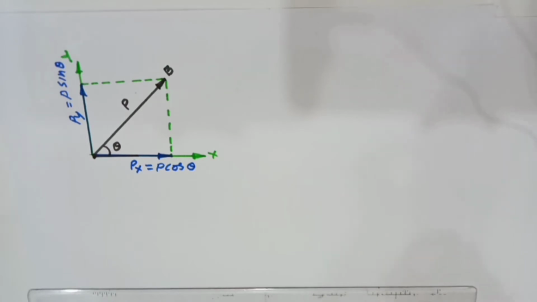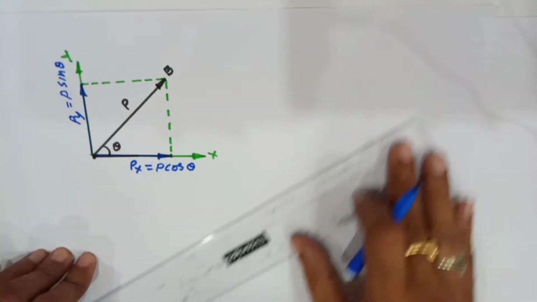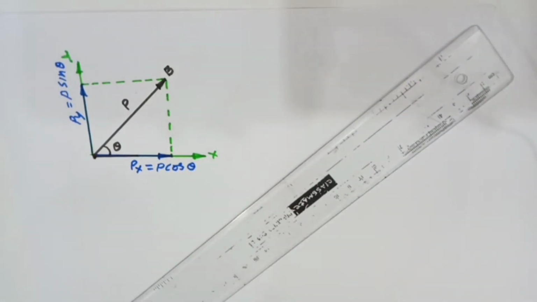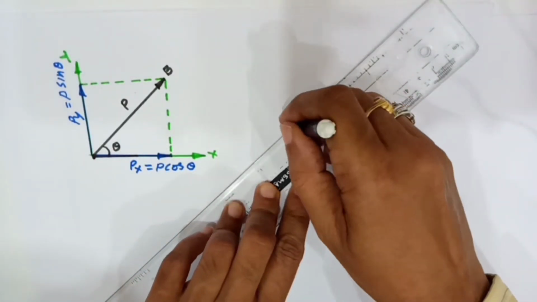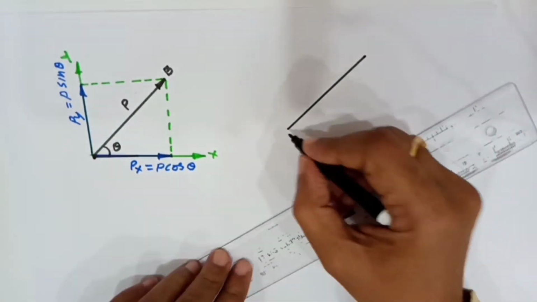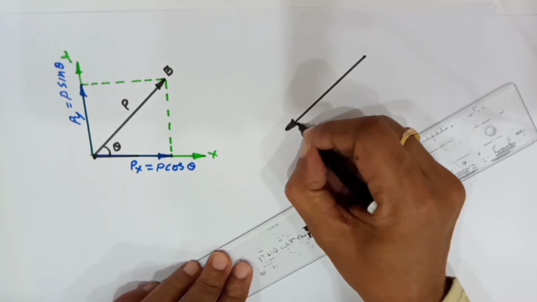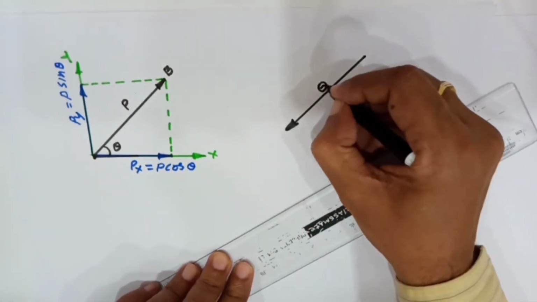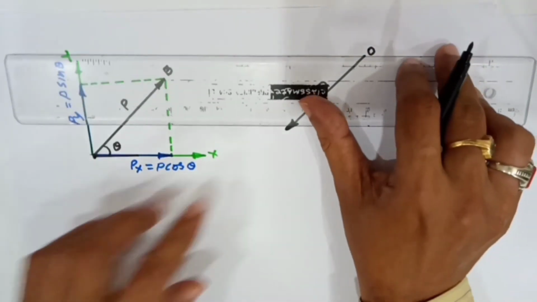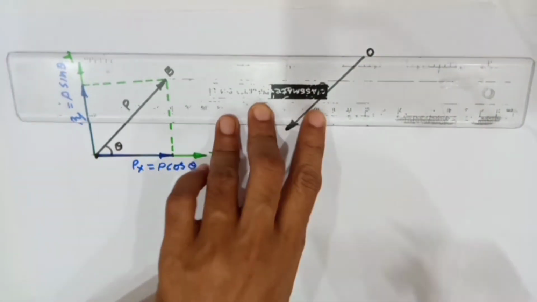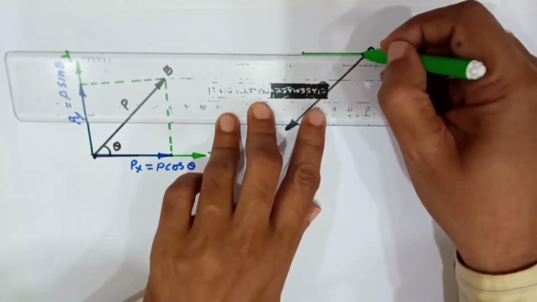Suppose the force is inwards towards the body, then how do we resolve that? Say Q, this is O. This force is making an angle theta degrees with the horizontal.